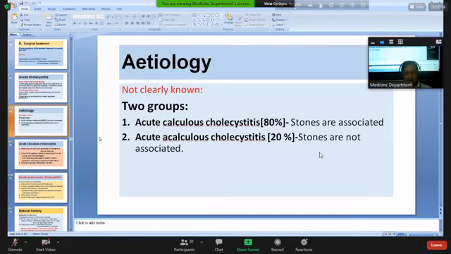And in the remaining 20% of cases, though there is acute inflammation, the gallbladder wall is distended and thickened, there is no stone. So this group is called acute acalculous cholecystitis.